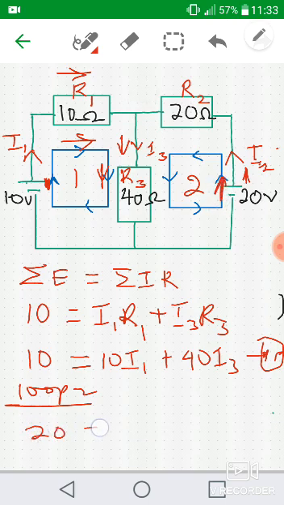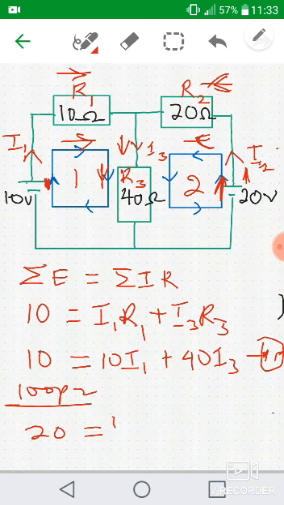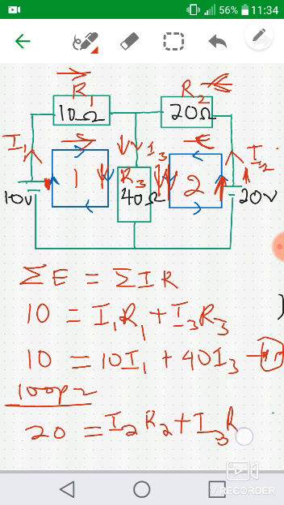So 20 should be equal to I2 R2, since the current here is in that direction, and the loop is also in the same direction, plus, down here, current I3 is downwards, and the loop is also downwards. So we have I3 R3.